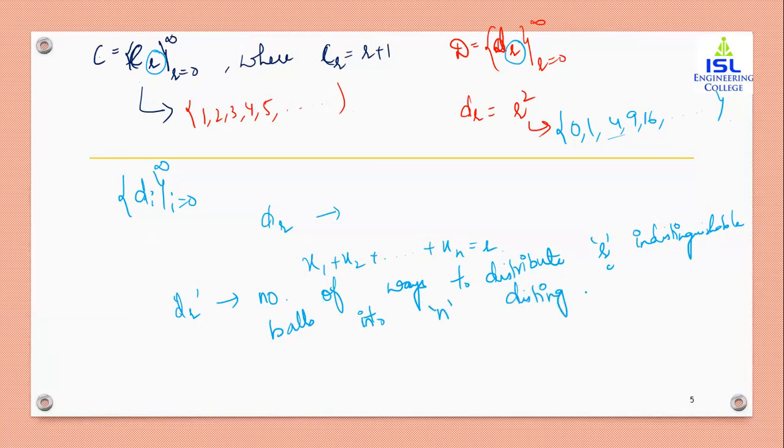So there are r balls which are to be put into n different boxes, distinguishable boxes.